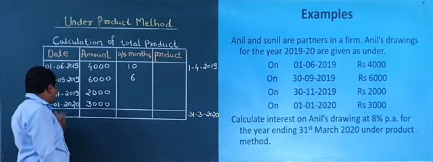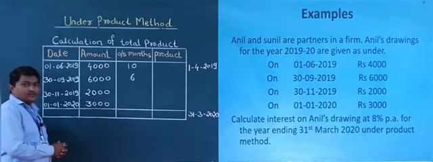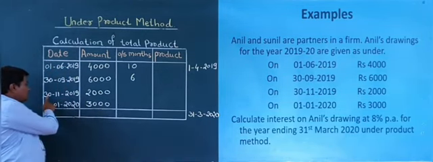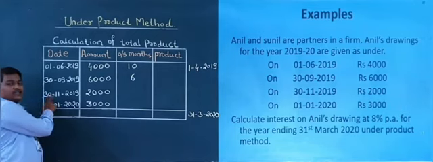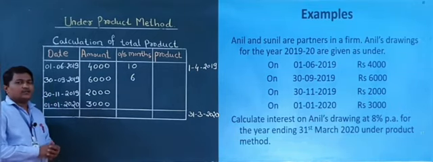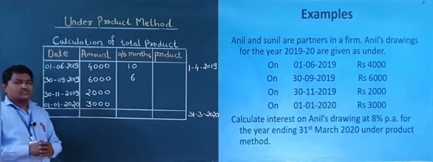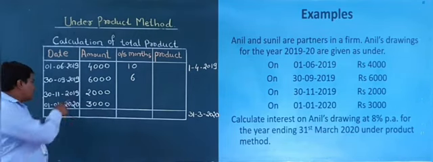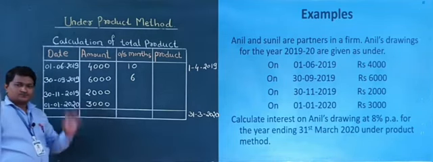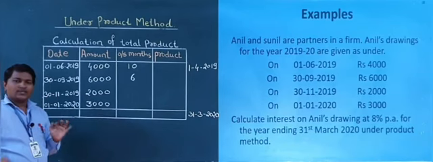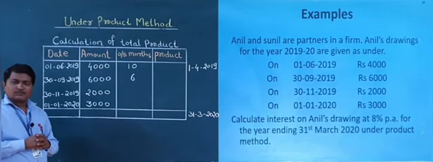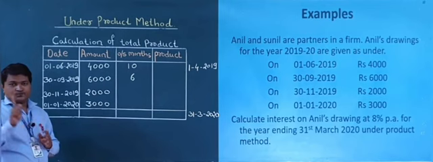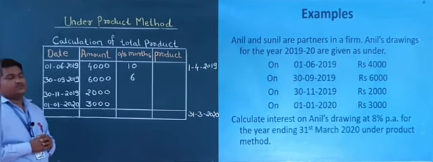Now my question is, he withdrew on 30th November. Can I count 11, can I count November month? No, we should not count. Why?